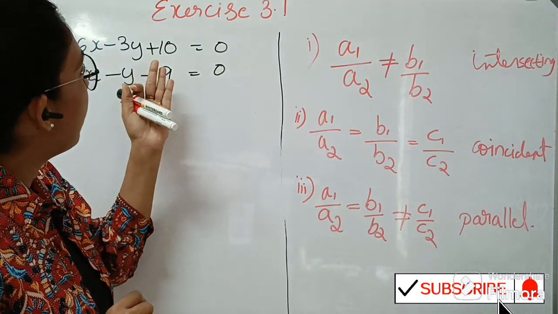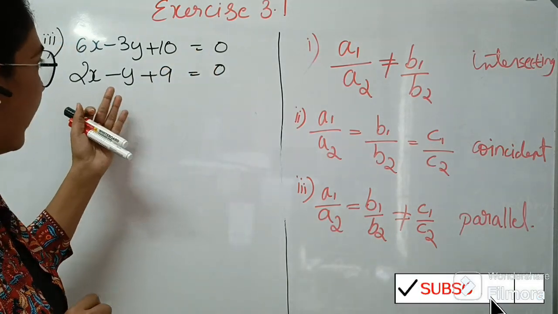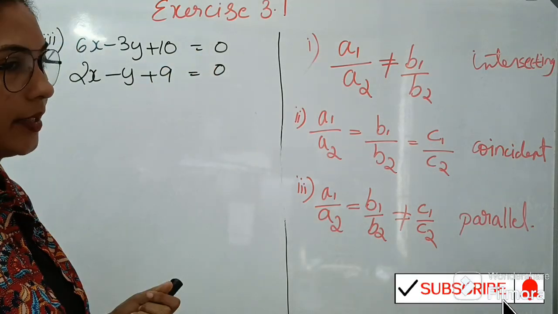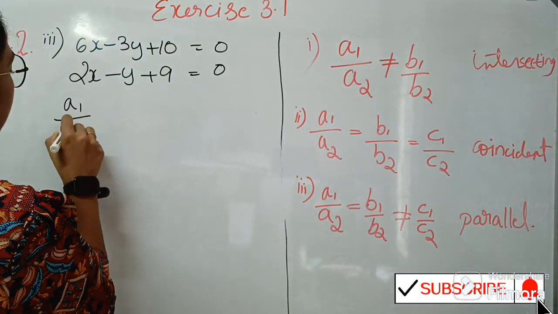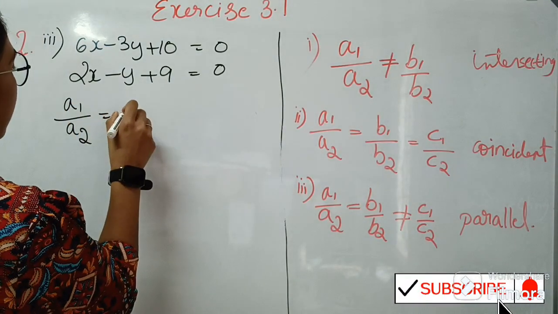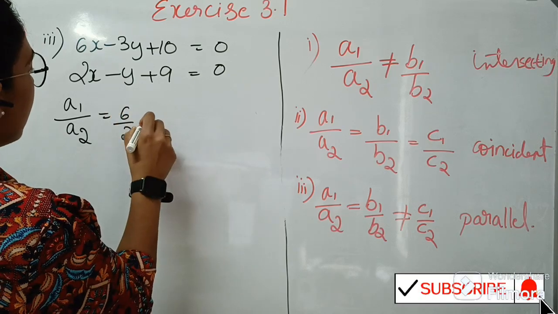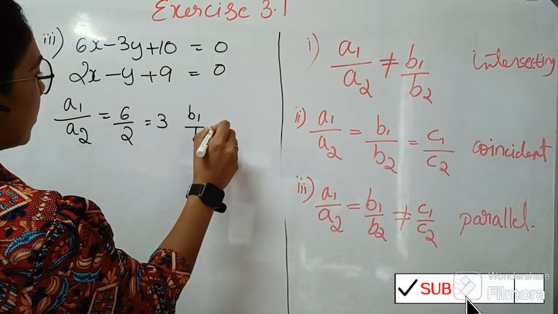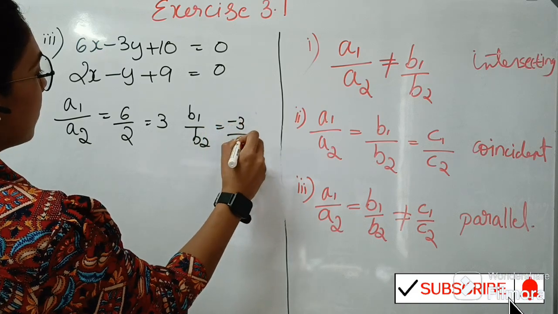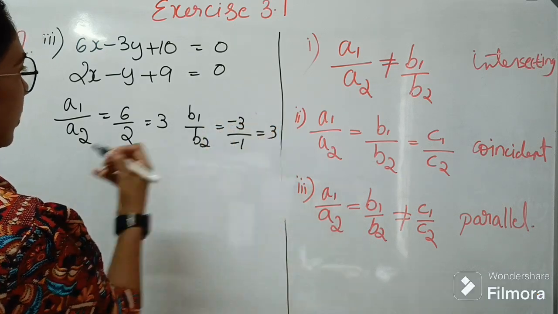6x minus 3y plus 10 is equal to 0 and 2x minus y plus 9 is equal to 0. Here also, doing the same steps, a1 by a2 is equal to 6 by 2, which is equal to 3. Then b1 by b2 is equal to minus 3 divided by minus 1, which is equal to 3.